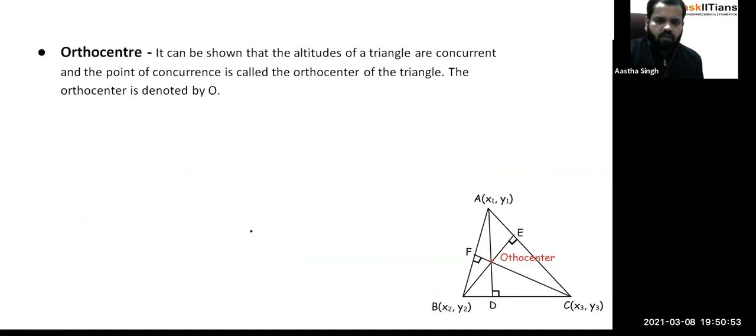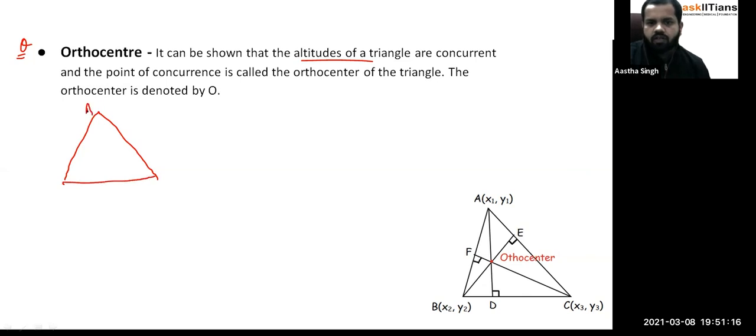Now comes the orthocenter. It can be shown that the altitudes of a triangle are concurrent, and the point of concurrence is called the orthocenter. Basically, the circumcenter is the intersection of the perpendicular bisectors, and the orthocenter is the intersection of only perpendiculars.